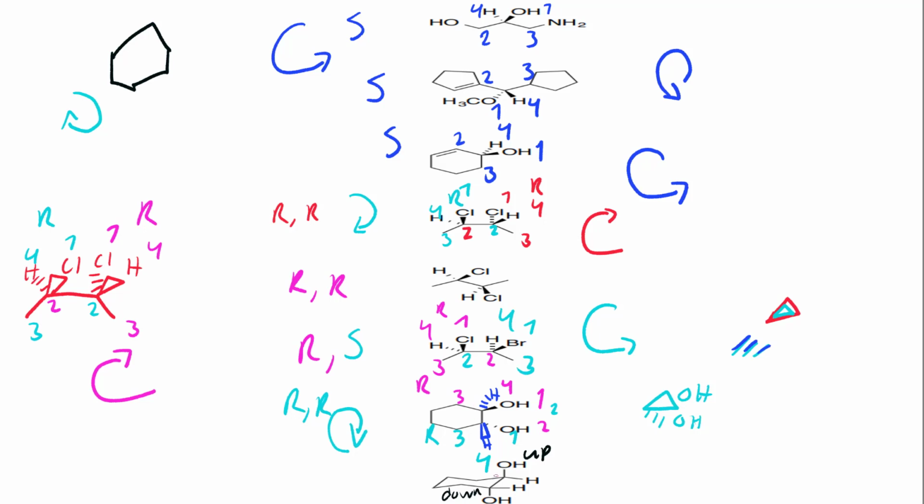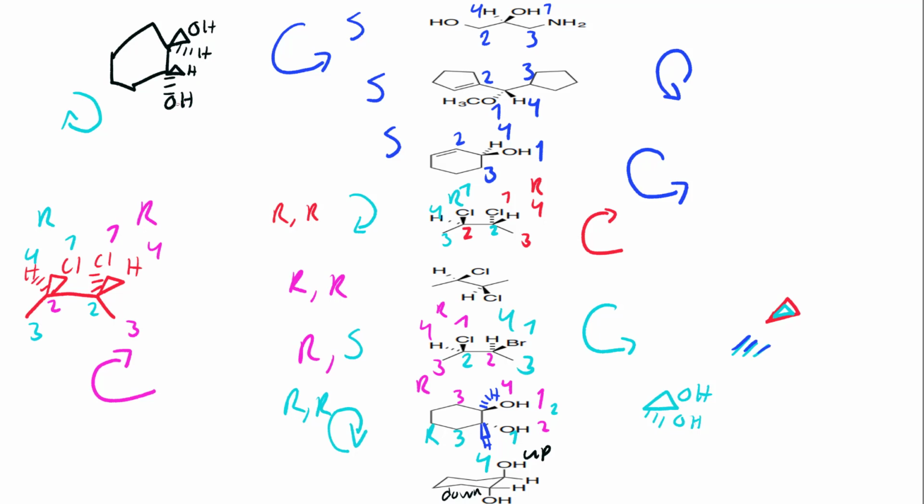This peak is representative of this guy. Sorry. So we have an alcohol going upwards. That's a hydrogen going downwards. And over here we have an alcohol going downwards and a hydrogen going upwards.